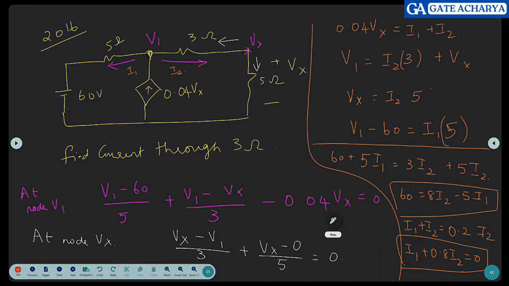Is there any other way to solve this? Do you think writing a KVL loop equation will be easier anyways? I just did not even think of KVL because there is a dependent source. There is no need for it.